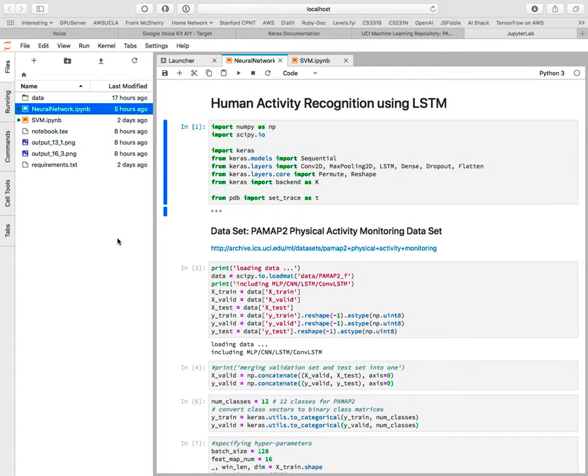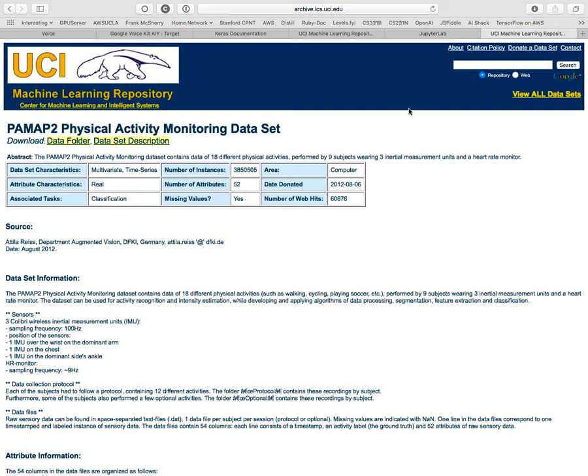Okay. So what we have here is human activity recognition using LSTM. In this particular case, I'm using a different data set, again from UC Irvine. This one is called the PAMAP2 physical activity monitoring data set.